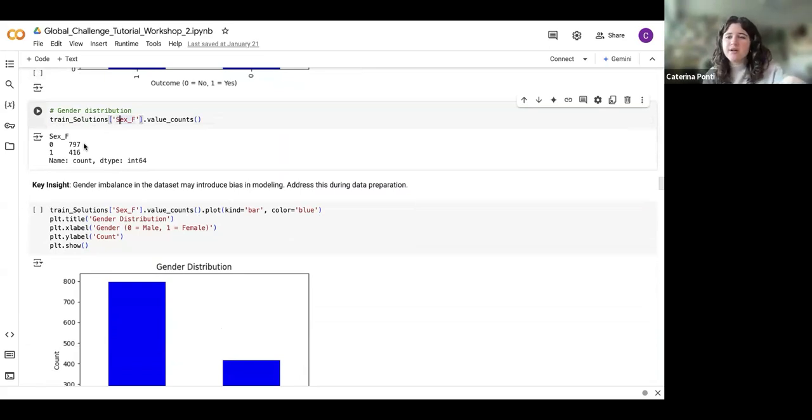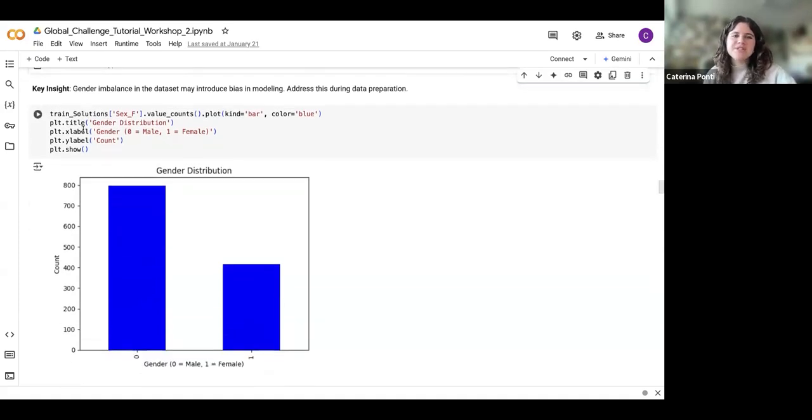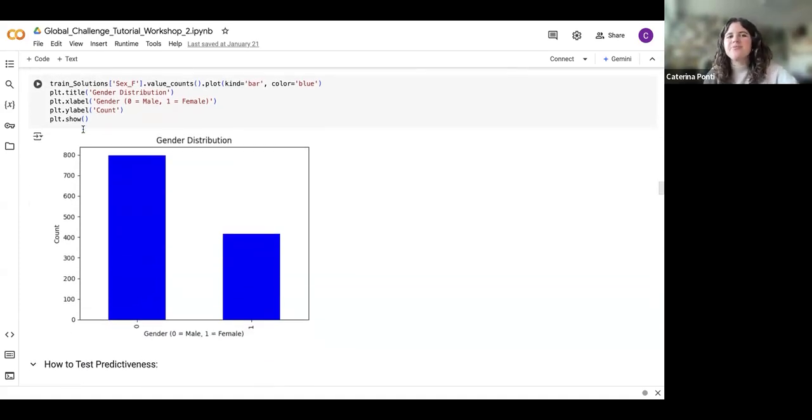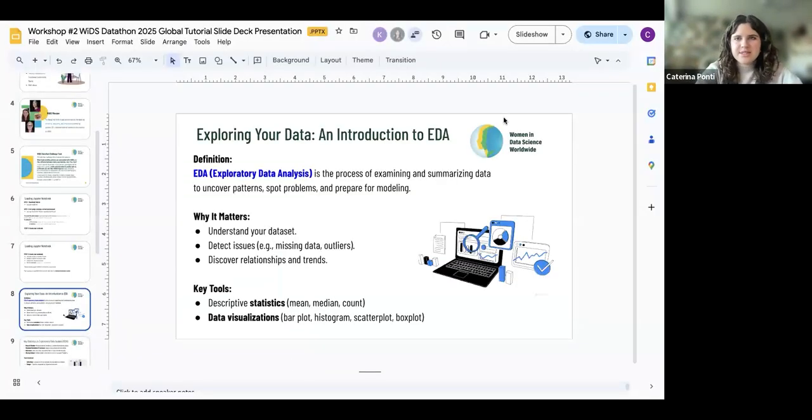We actually don't go over how to address this in this workshop, but you can definitely look it up online. There are a lot of ways. We were just trying to cover as much as possible, and we didn't get to this. This is just a graph to, again, visualize what the gender distribution is. Okay, now we can go back to the presentation.